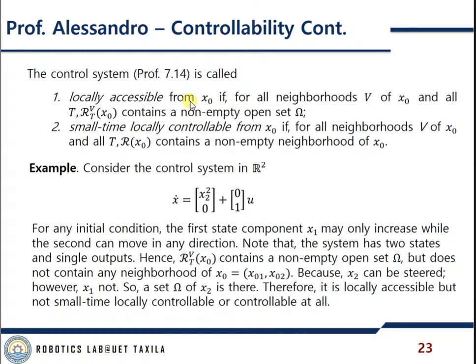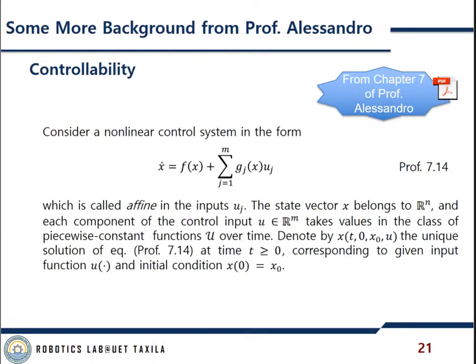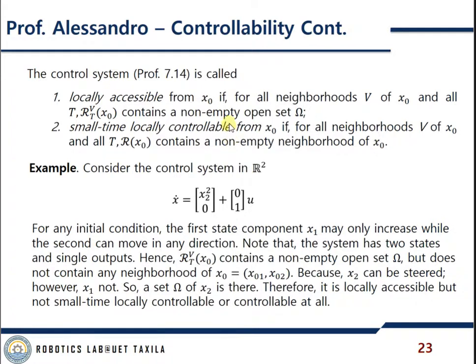So the control system which we discussed at 7.14, let me go back and show it. This one is called locally accessible from x naught if for all the neighborhoods v of x naught and all t, the set of reachable states contains a non-empty open set omega.